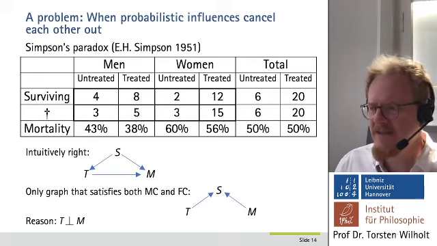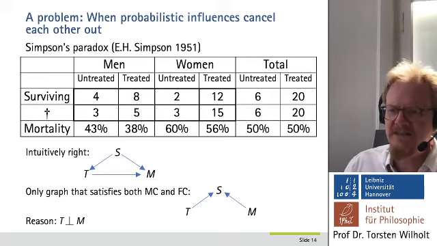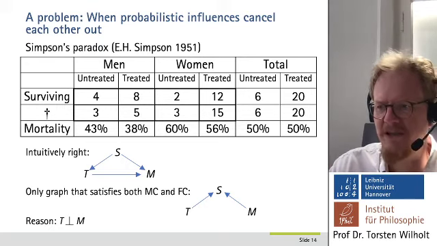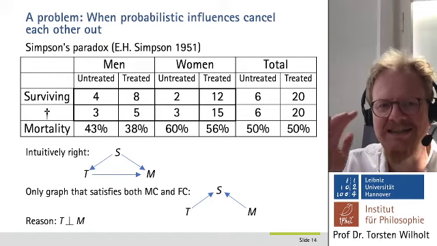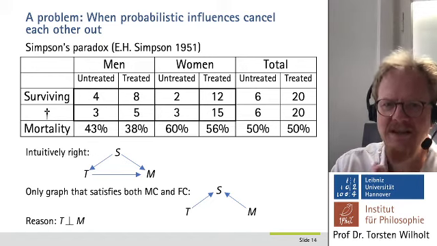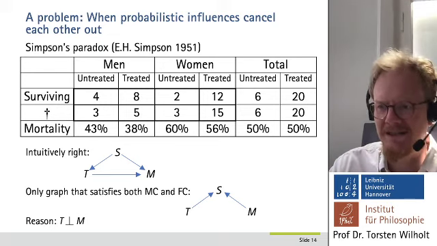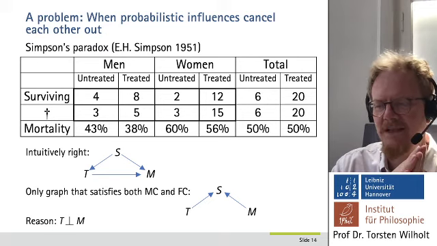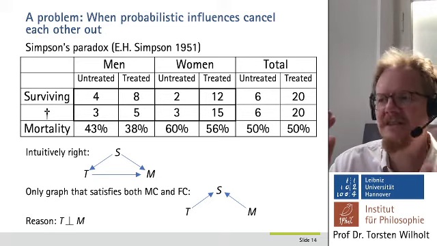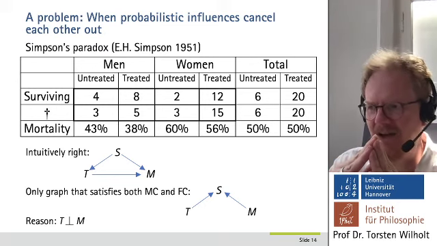One response that has been given by Spirtes, Glymour, and Scheines is that the set of points in the parameter space in which the exact cancellation of probabilistic correlation occurs has Lebesgue measure 0, meaning this is infinitely improbable. It's infinitely improbable that they exactly cancel each other out.